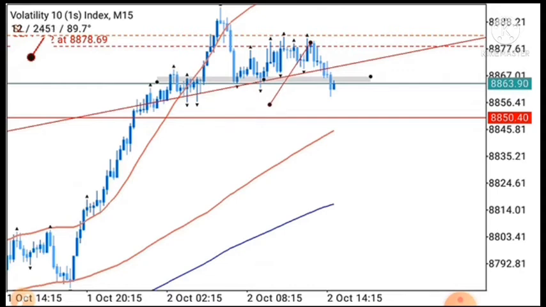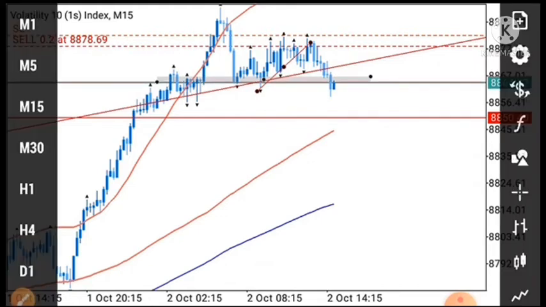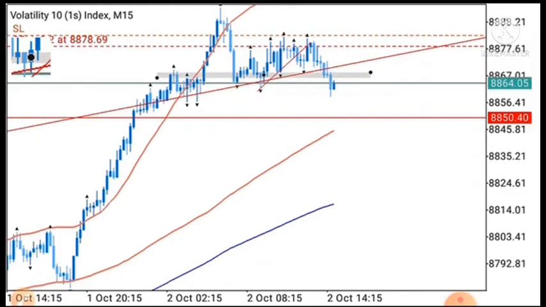Oh sorry, that's not what I want to take. Now as you can see, there is a zone around here, so we are going to wait.